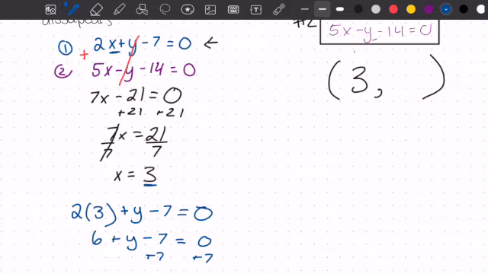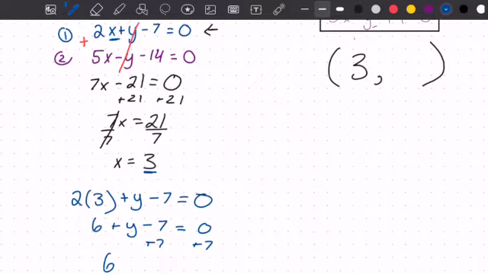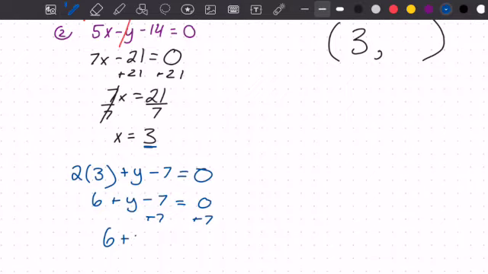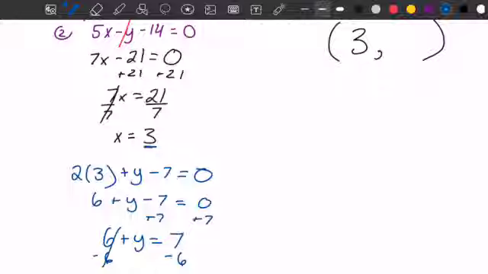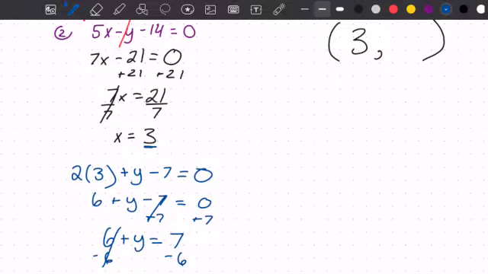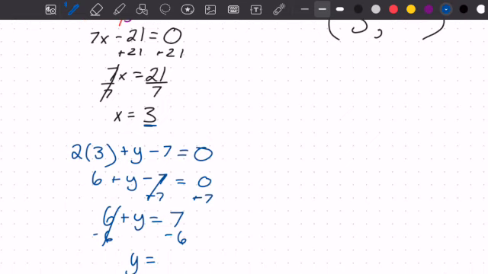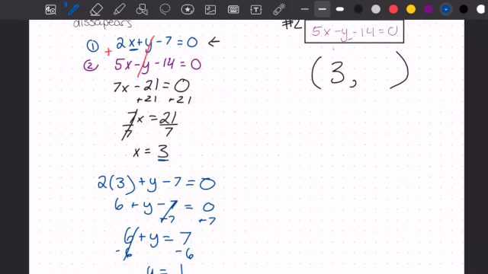If I add 7 to both sides, I'm left with 6 plus y equals 7. Minus 6. Y equals 1. So then I can plug my 1 in for my point.